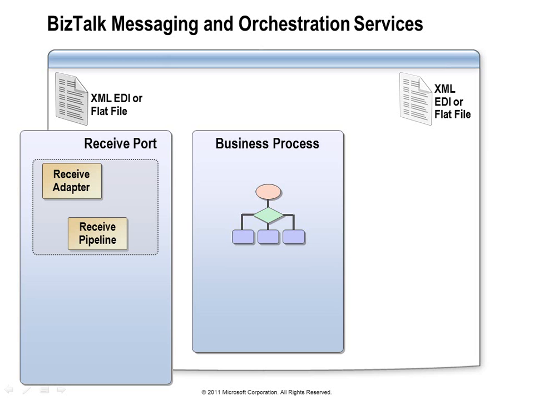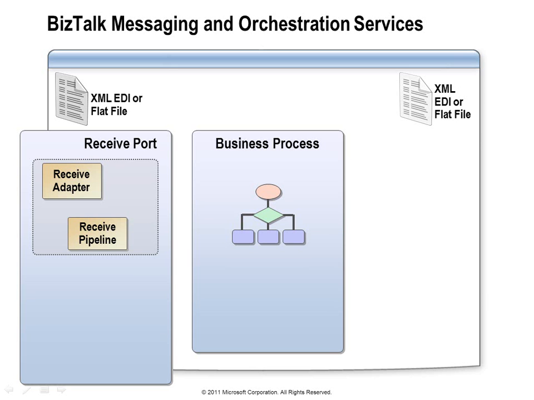And the receive pipeline components are responsible for performing any sort of pre-processing that is required. It might be necessary, for example, to decrypt the stream of bytes that's being read in by the receive adapter. Now, we're going to assume here that the receive pipeline is ultimately going to produce an XML message. But that's not absolutely necessary, by the way. BizTalk is certainly able to receive and send binary data.